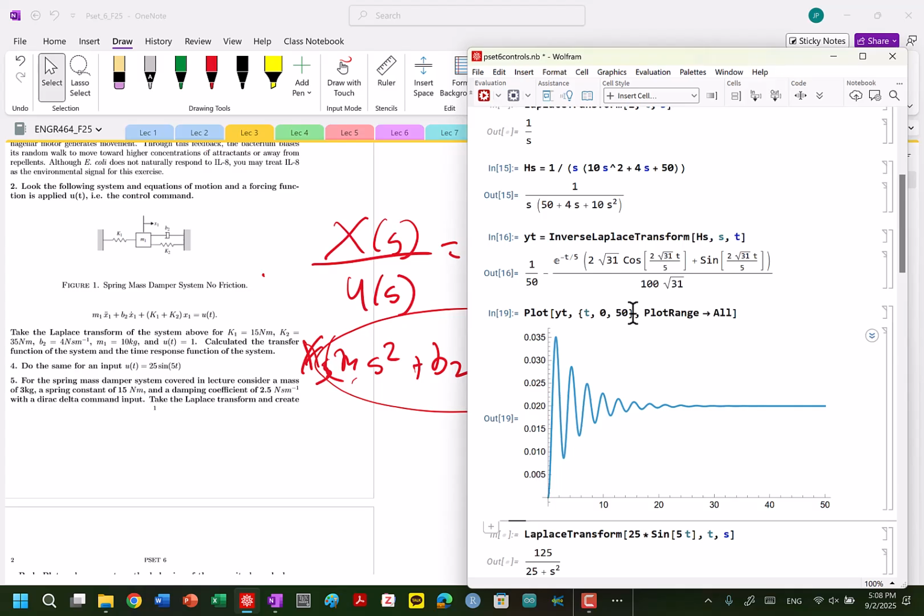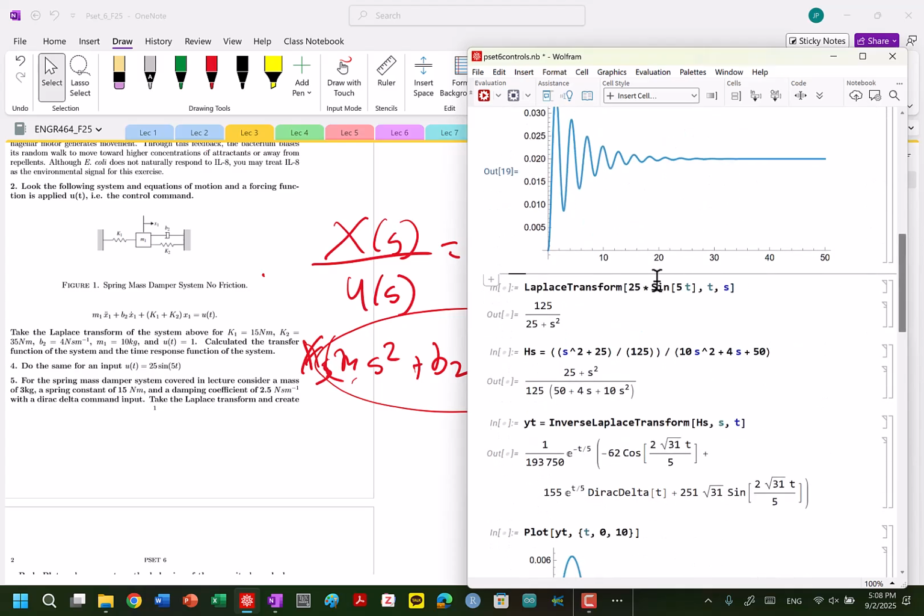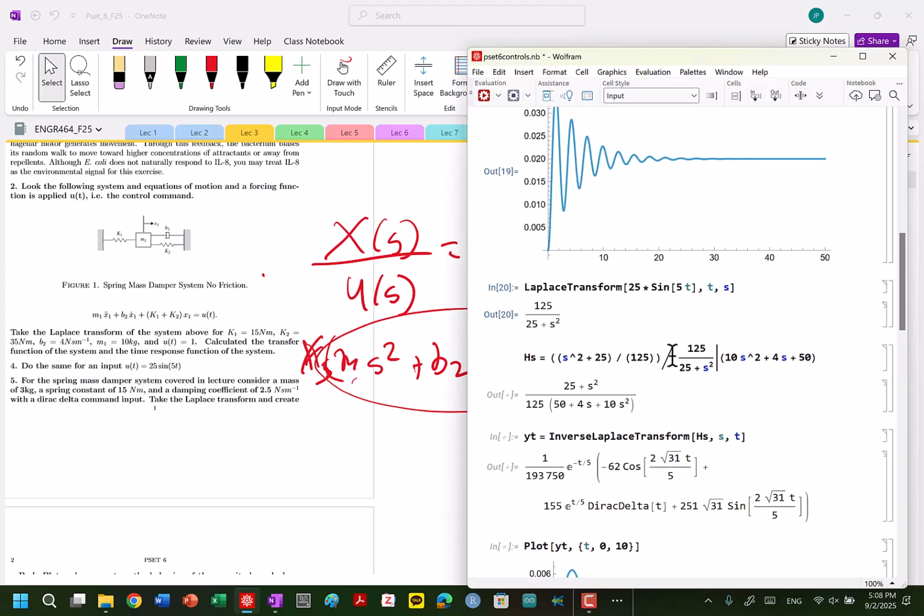Fantastic. What about, now for the spring mass damper lecture, doing the same for a different input? If we were to look at this input here, all we would do is take this times, again, we're just moving this over. We multiply that here, just taking the transfer function.